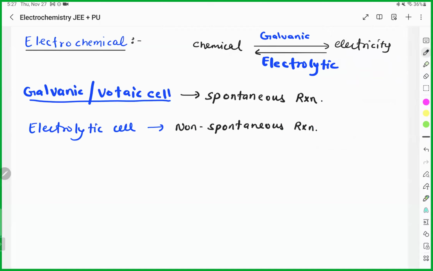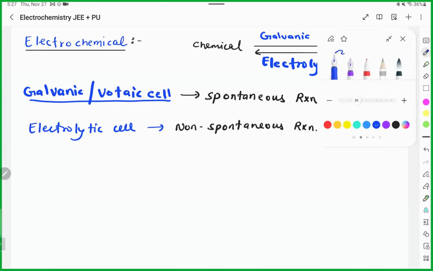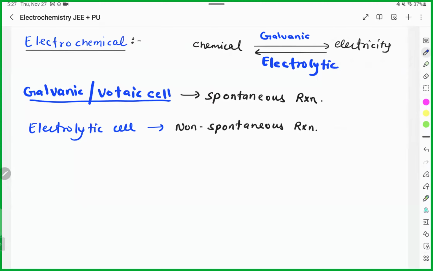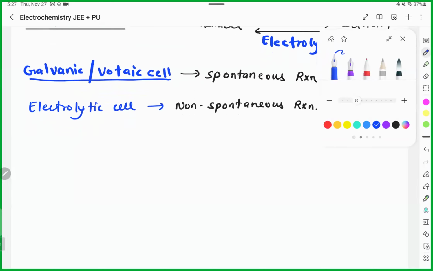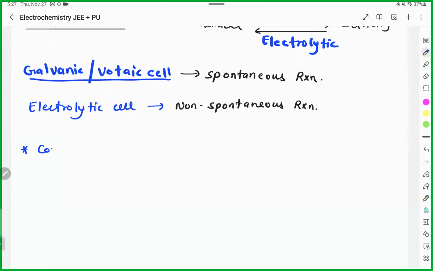Spontaneous is, if you provide the required amount of activation energy, then it will automatically proceed, it will naturally occur. But in the case of an electrolytic cell, you have to give external energy. And whenever you need extra effort, it means this is not a long-term feasible reaction. Correct?